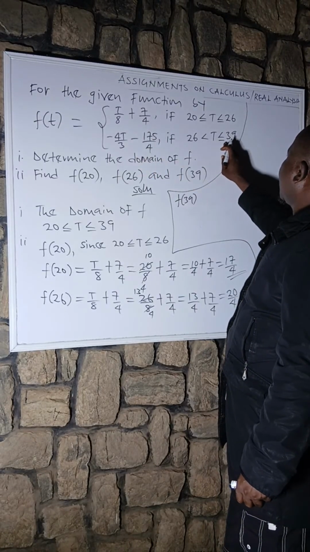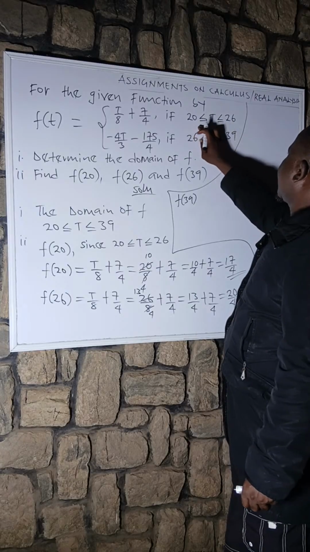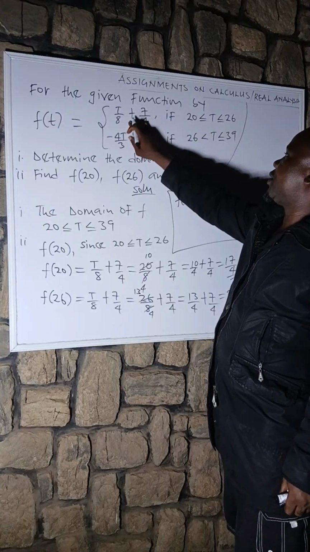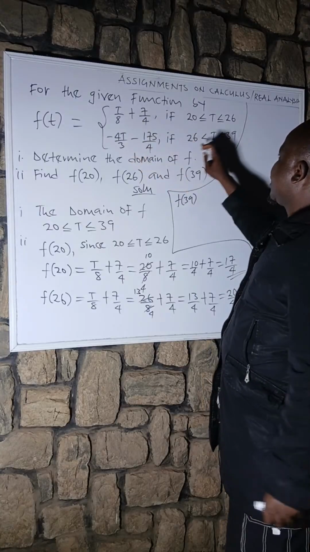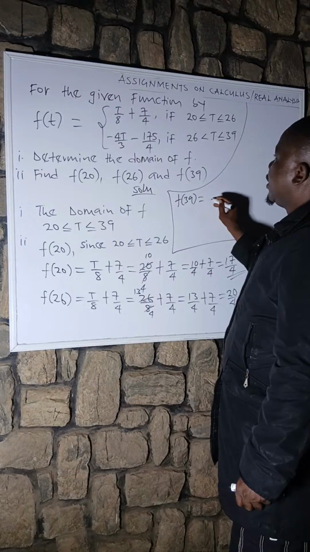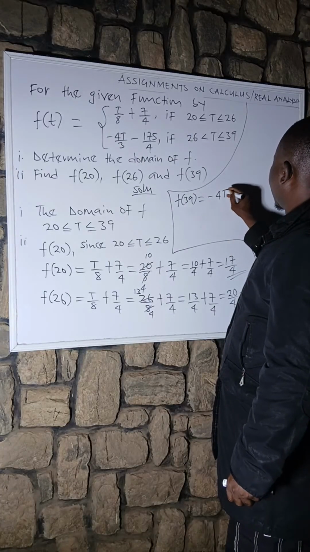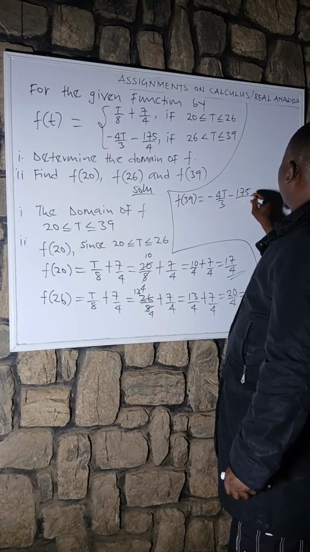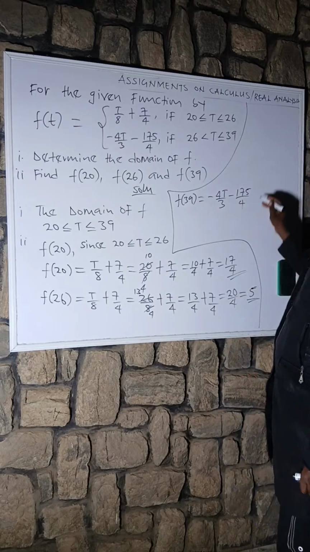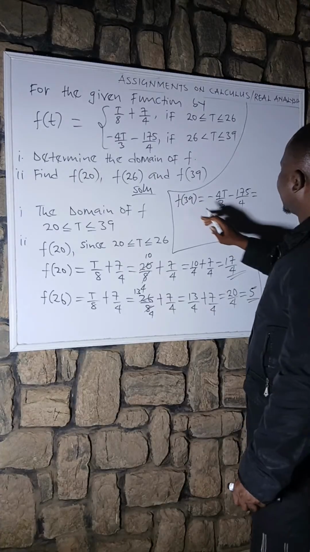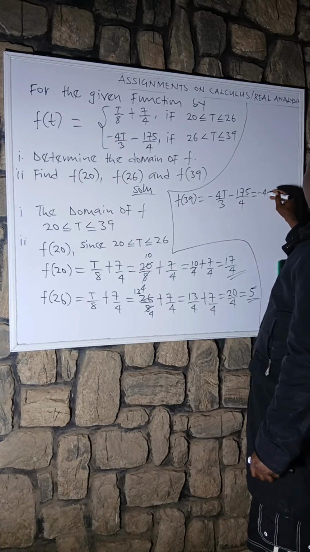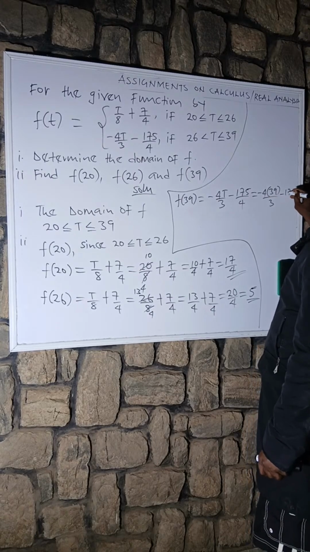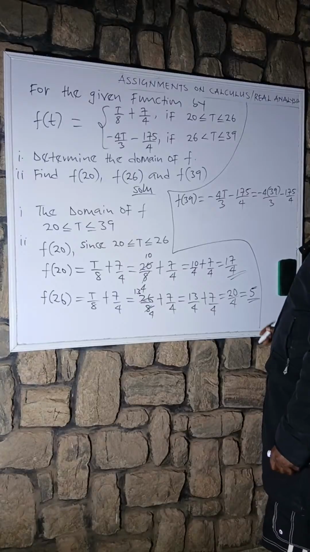Yeah, because 39 is bigger than this, you will not make use of this function, rather it is this function. So here will now be equal to minus 4t all over 3 minus 175 all over 4, right? So this is equal to, anywhere you see t, you write 39: minus 4 times 39 all over 3 minus 175 all over 4, right?